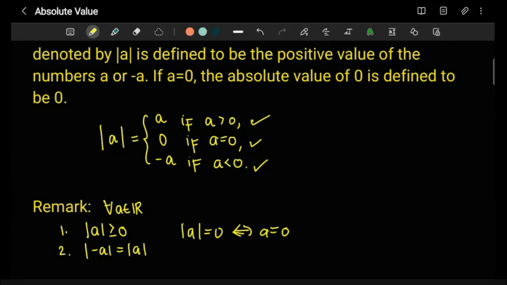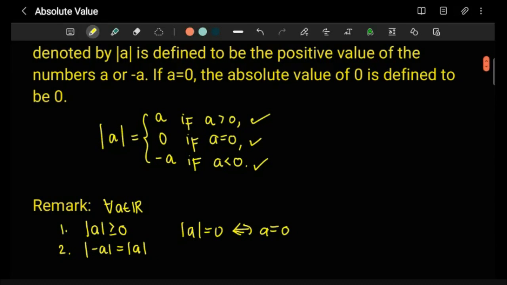Also, it is easy to show that the absolute value of negative A is the same as the absolute value of A. By definition, ang absolute value ng negative A will be negative A kung yun yung positive, or A kung A yung positive. So we have the same values. So the absolute value of negative A is the same as the absolute value of A. Again, you just get whichever is positive between A and negative A.